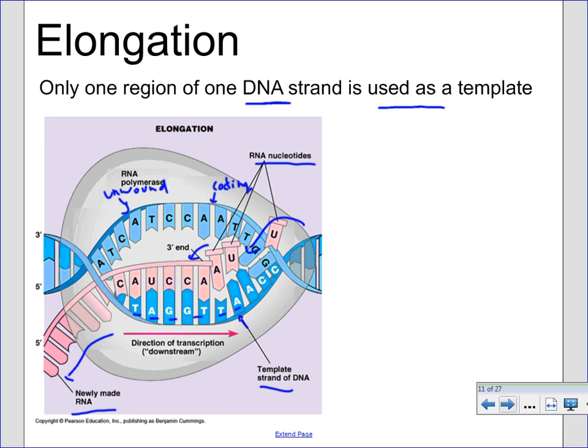Remember that in RNA, we find the nucleotide uracil instead of thymine. So wherever there is an A, U will be incorporated. And wherever there is a T on the DNA, an A will be incorporated. So on the RNA, instead of T, you have a U.